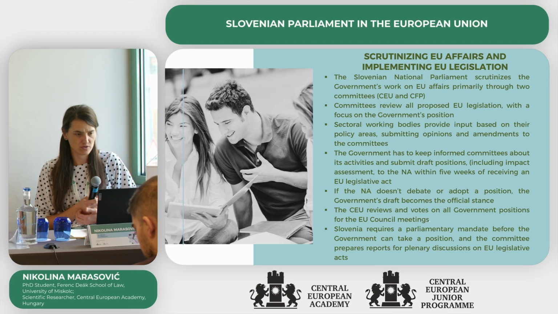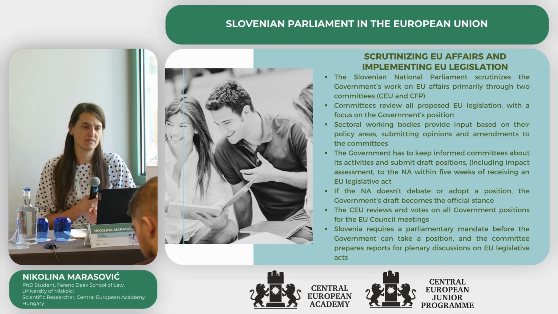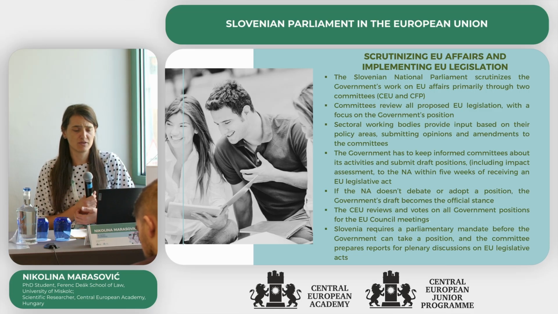When it comes to scrutinizing EU affairs and implementing EU legislation, the Slovenian National Parliament scrutinizes the government's work in EU affairs primarily through the two committees previously mentioned. The committees review all proposed EU legislation and have the main focus on the government's position.